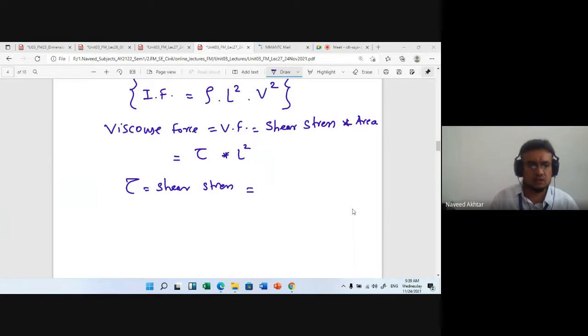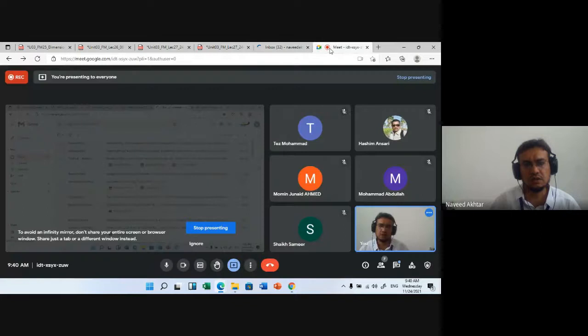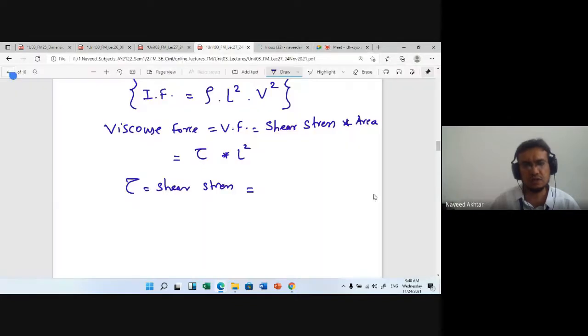So shear stress, we know, is nothing but mu into dou u by dou y. Dou u is the change in velocity with respect to change in length.